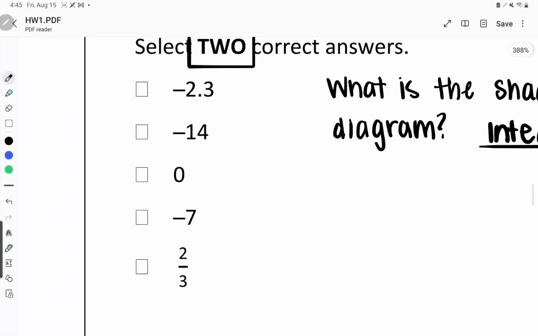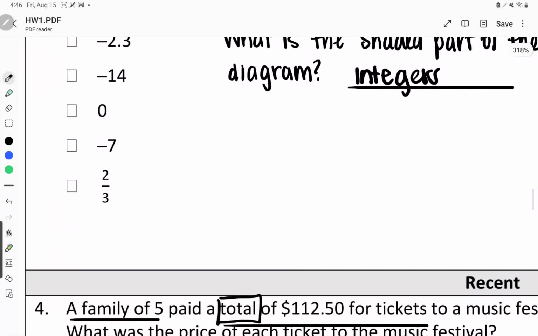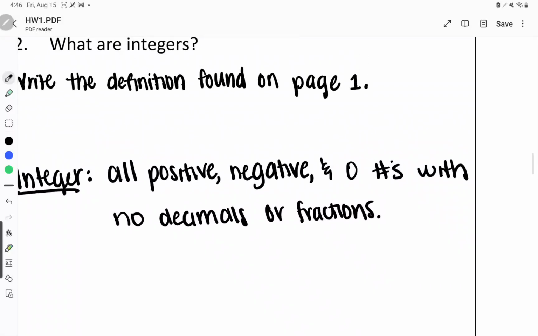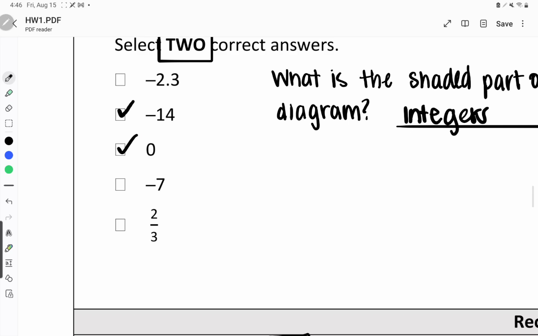So look, is -2.3 an integer? No, it has a decimal. Is -14 an integer? Yes, it is either a positive or a negative number with no decimals or fractions. Is 0 an integer? Yes, it also includes 0 in the definition. Is -6?